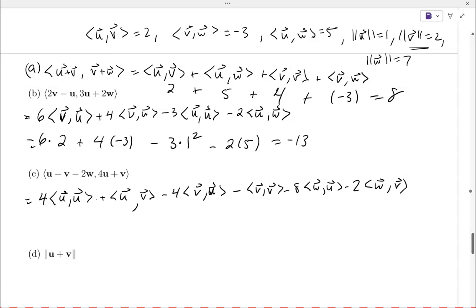Yeah, better have, otherwise it's a really bad problem. UU will be 1 squared. UV was 2. VU is also 2. VV is 2 squared. WU is 5 again. And WV is -3.